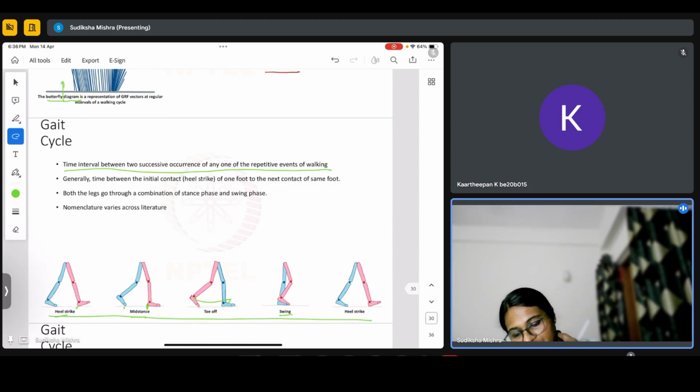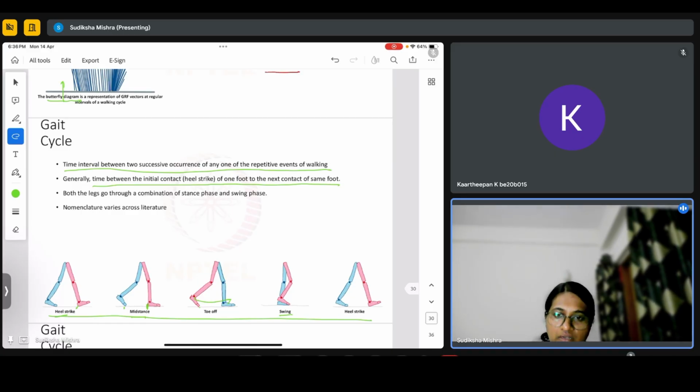So, on an average, the time between initial contact of one foot and the next contact of the same foot is considered to be one gait cycle. It can also be from one mid stance of one foot to the next mid stance of the same foot.